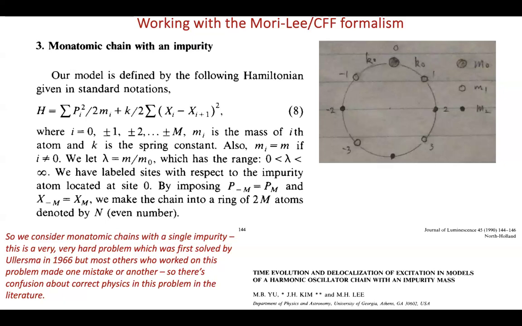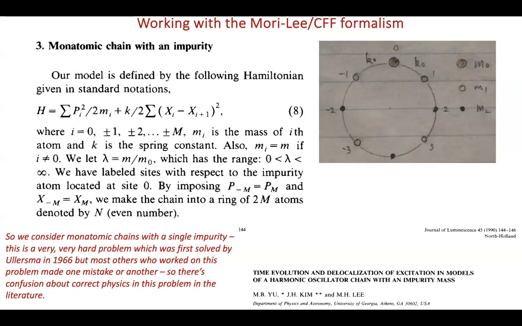What is amazing is that Ullersma got the physics right. And the reason why it is amazing is because the physics of this problem turns out to be hellishly bad. It is hellishly bad. And Ullersma did that without making any mistakes on his own back in the day.